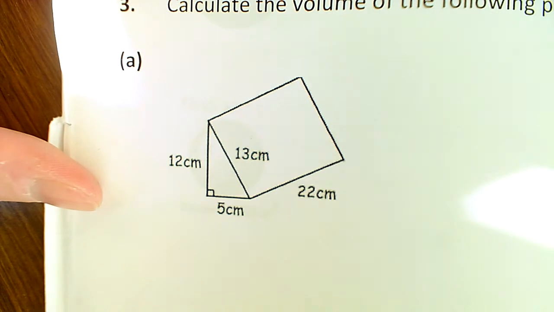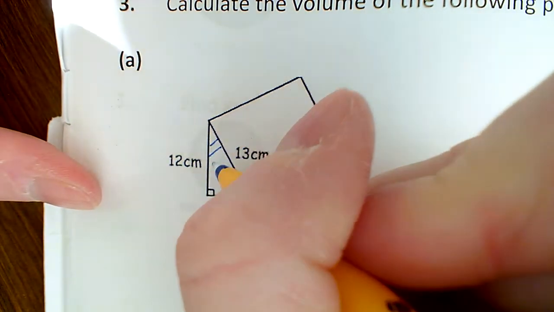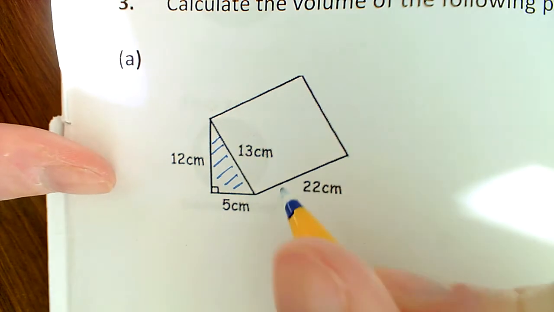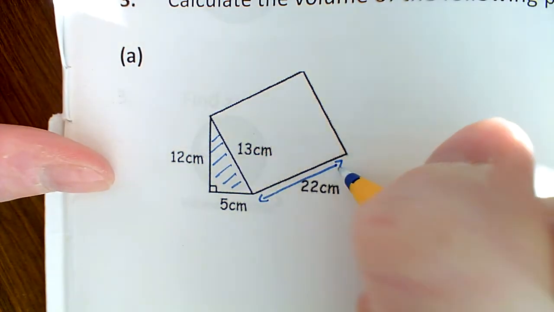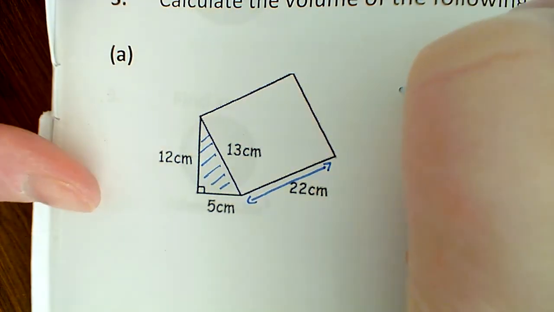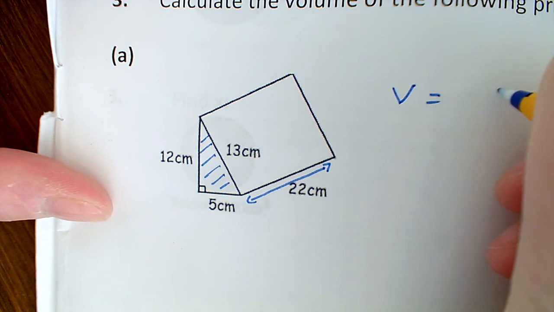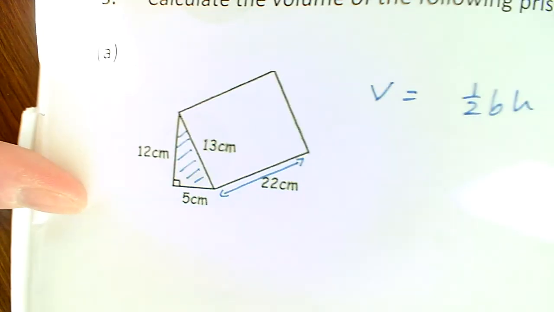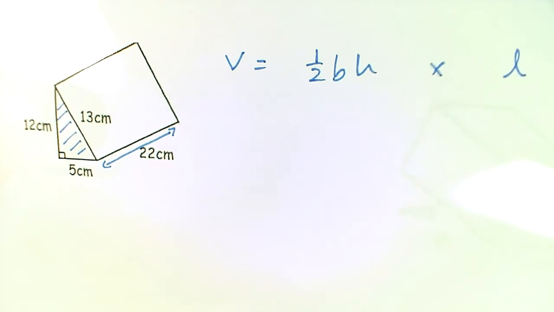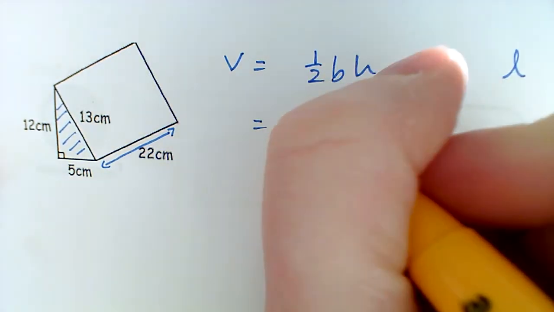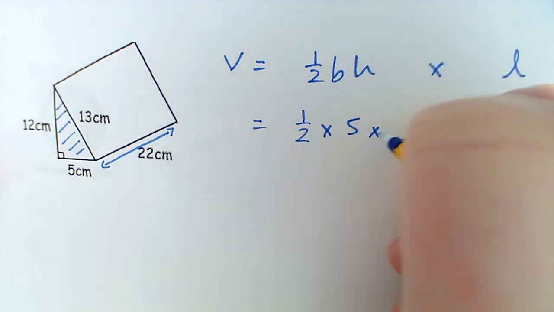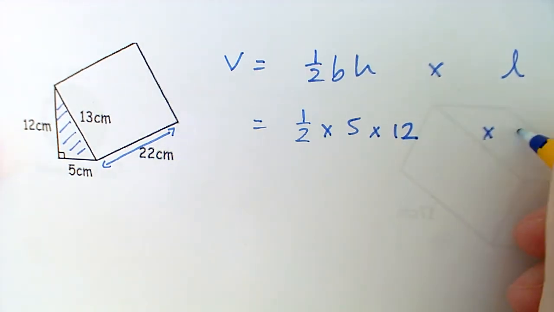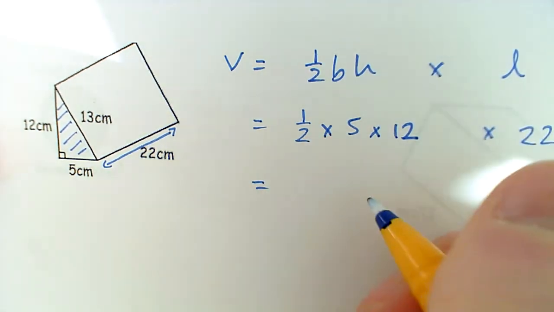So our first prism that we're looking at here, we need to find the cross-section area, so that's the area of this triangle, and then multiply it by the length. So our volume is the cross-section area, which is a half times the base times the height, and then we're going to multiply the whole thing by the length. So the base is 5 and the height is 12, and then the length of the whole thing is 22.